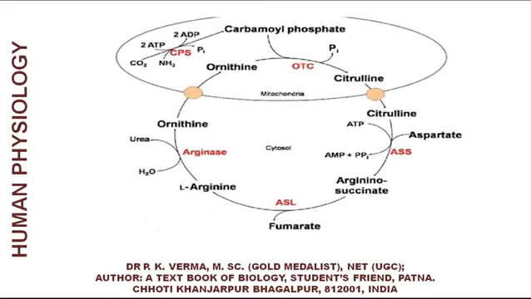This is the diagram showing the pathway of urea synthesis. At first, carbon dioxide and ammonia combine together along with phosphate, forming carbamoyl phosphate. Later on, the ammonia group is transferred to ornithine and therefore citrulline is formed.